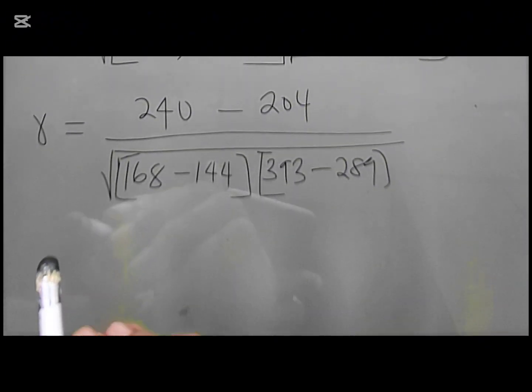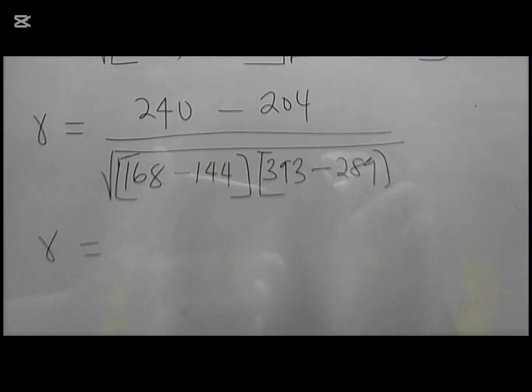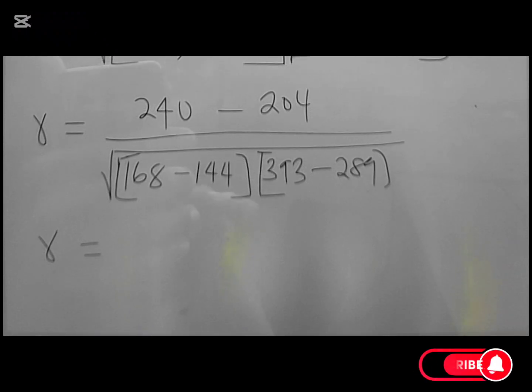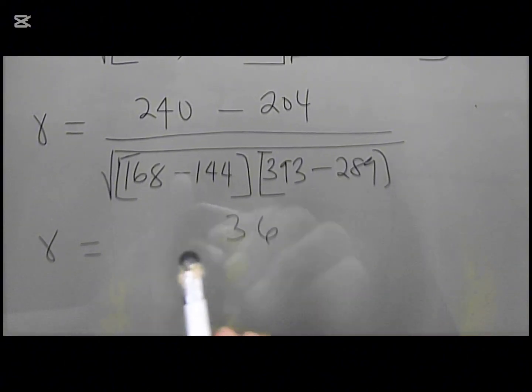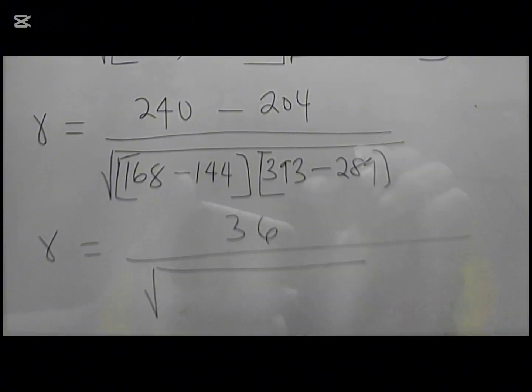So our r here will be equal to 240 minus 204, that is 36, divided by the square root of 168 minus 144, that is 24, times 393 minus 289, that is 104. Please take note.